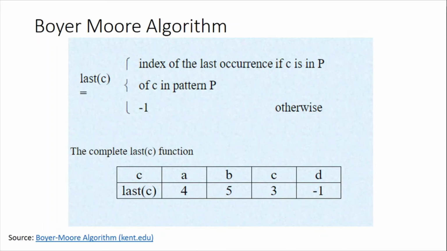The last C function operates by assigning the index of the last occurrence of the mismatching character in P, and -1 if it isn't present. So here we have an example of such a table below.